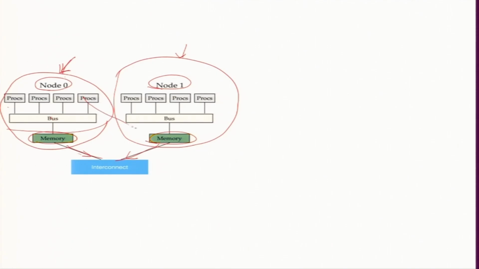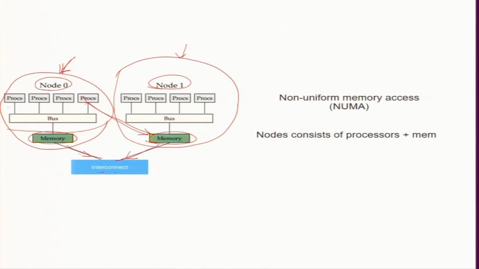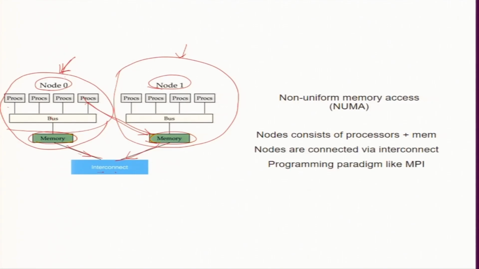This processor cannot simply go and talk like that. It has to go via the interconnect. You can see that they are disconnected hardware. This is called non-uniform memory access, NUMA. It is different memory at different places, and nodes are considered processors and memory, as I discussed. This programming style is called MPI, message passing interface.